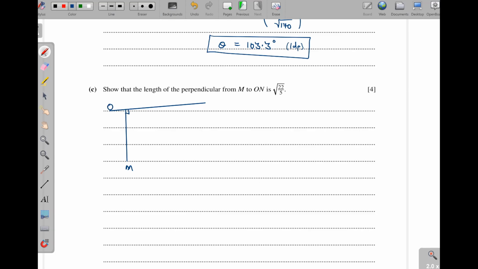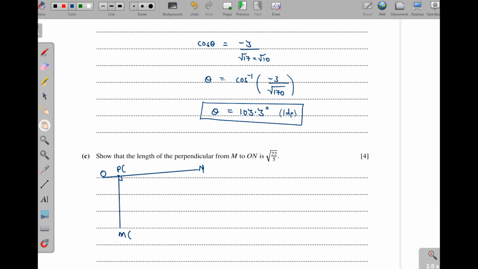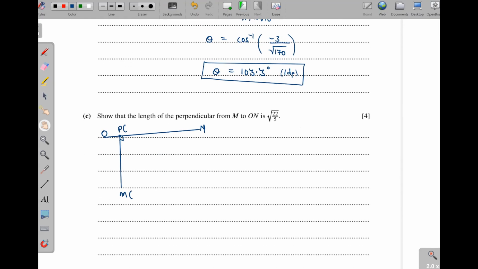So this is O, and then this is N. Then a point that lies on a line, that means its coordinates must satisfy the equation of that line, okay? Now, of course, this M here, we got OM. Did we get OM?